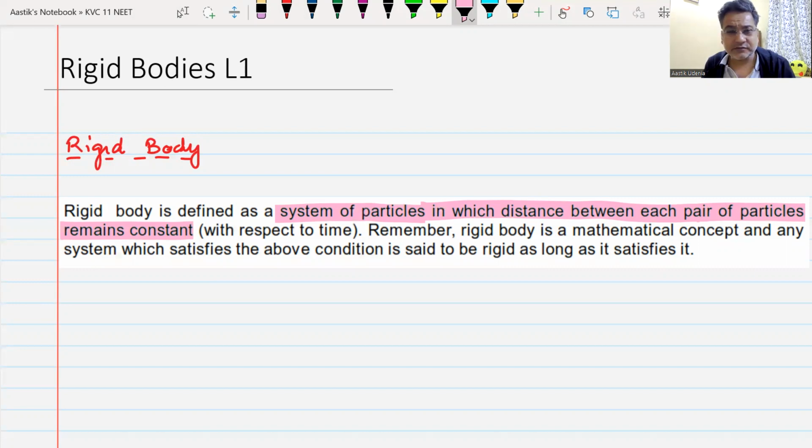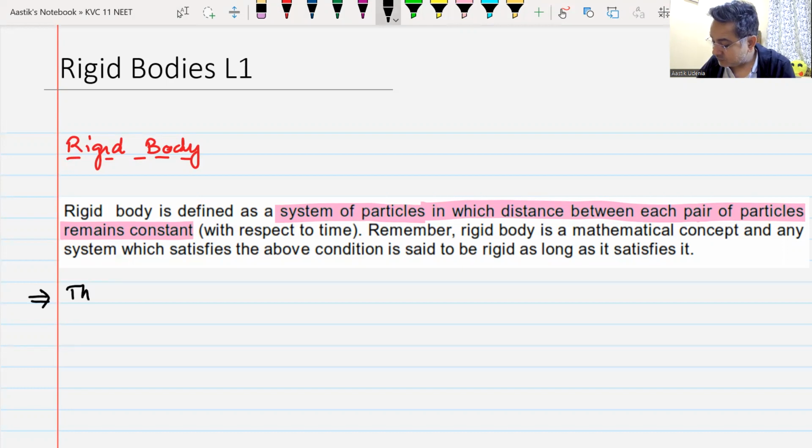Whenever we have a system of particles such that the distance between any two particles remains the same, then the body is known as a rigid body.